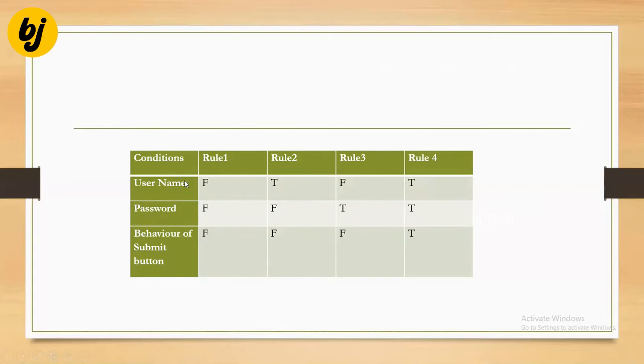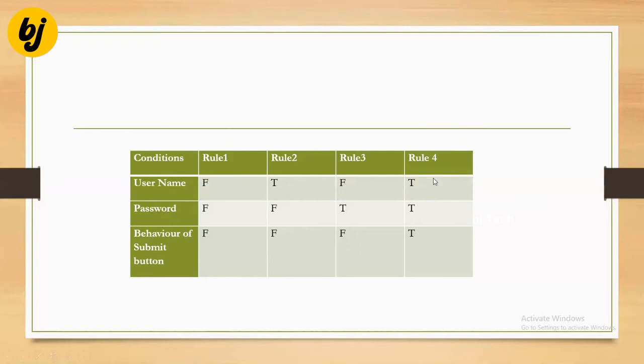Rule 2: username entered, password is not entered. Still, the submit button should not allow the operation; it is disabled. Rule 3: username is not entered, but password is entered. Still, the submit button should be disabled only.